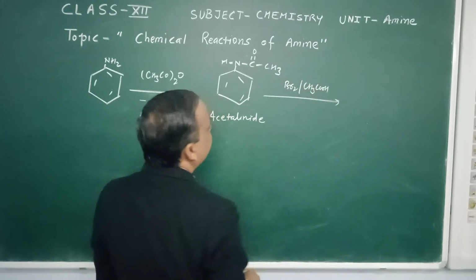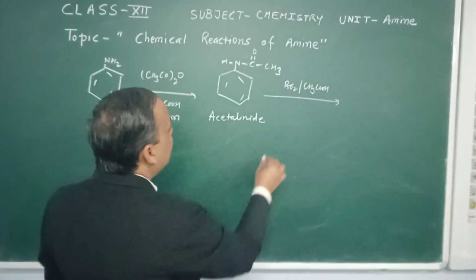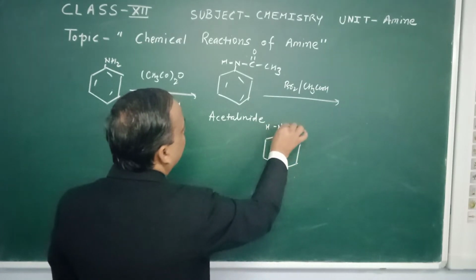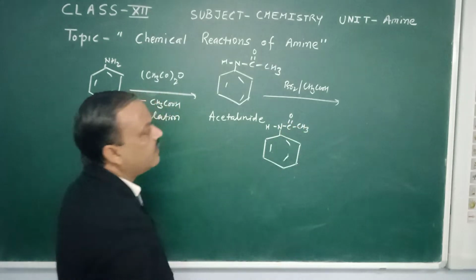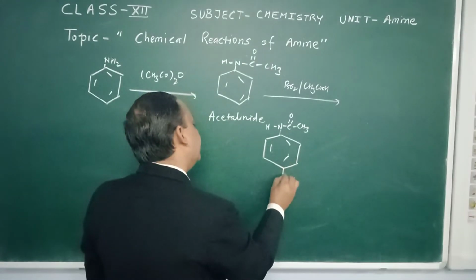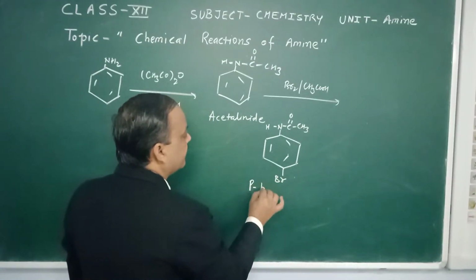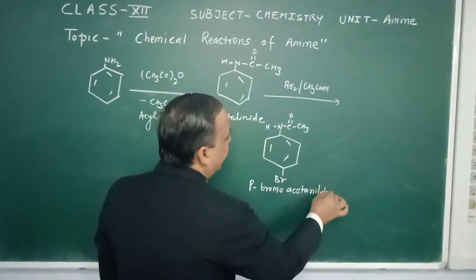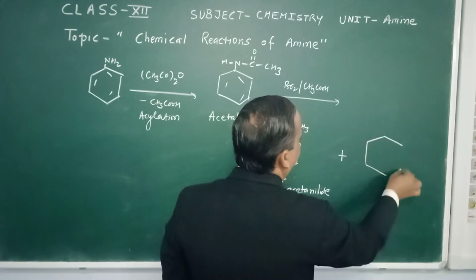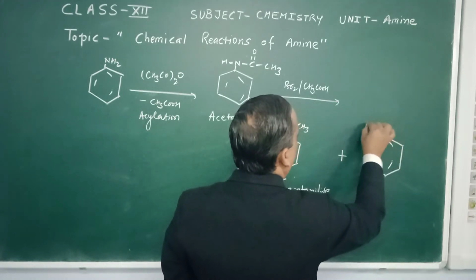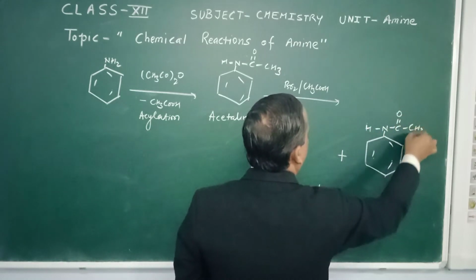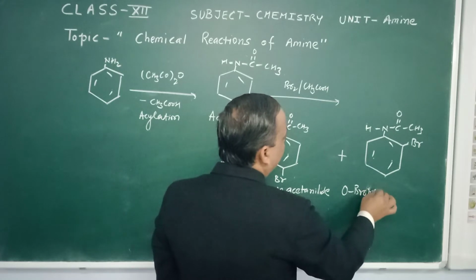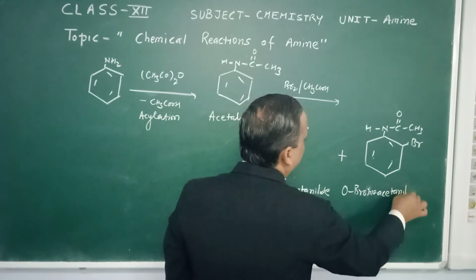In this, two possible products are formed: para-bromoacetanilide and ortho-bromoacetanilide.